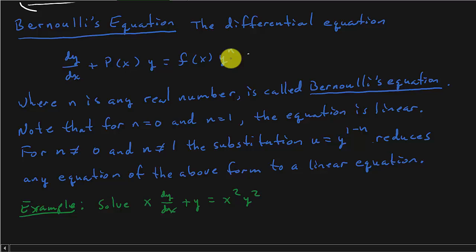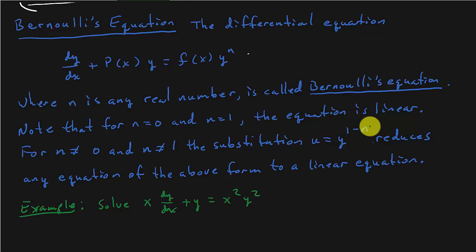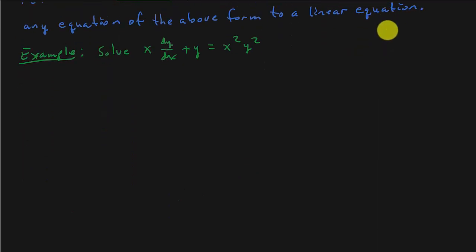For n not equal to 0 and n not equal to 1, so this exponent here is not 0 or 1, the substitution u equals y to the 1 minus n reduces any equation of the above form to a linear equation. All right, so let's see how we're going to go about solving this thing.